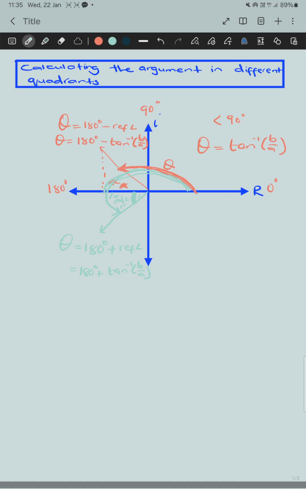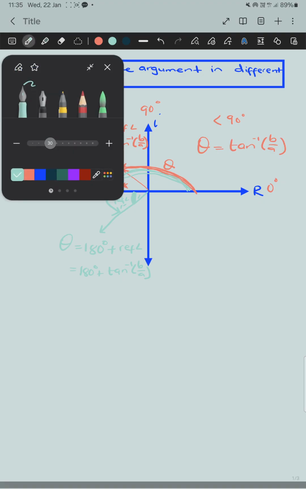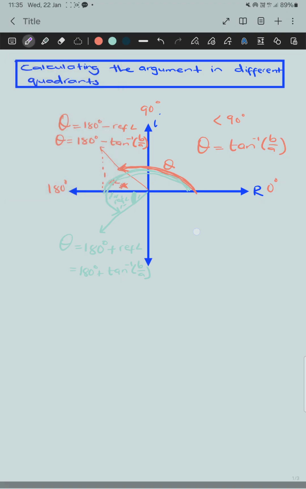If I go to quadrant number 4, let me change my color pen. If I'm now in this quadrant, I go from 0. Let me draw my arm again. So if I have my complex number, my arm will come out like this. We've seen it quite a few times now.